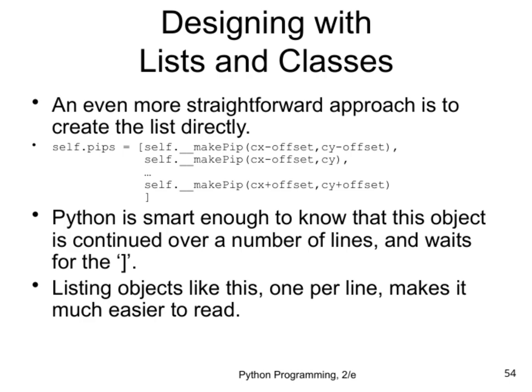This makes the code much more readable and organized, especially when dealing with multiple objects. Listing objects like this, one per line, helps us keep our code clean and easier to understand. It's a simple but powerful way to design with lists and classes, making our code clearer and more maintainable.